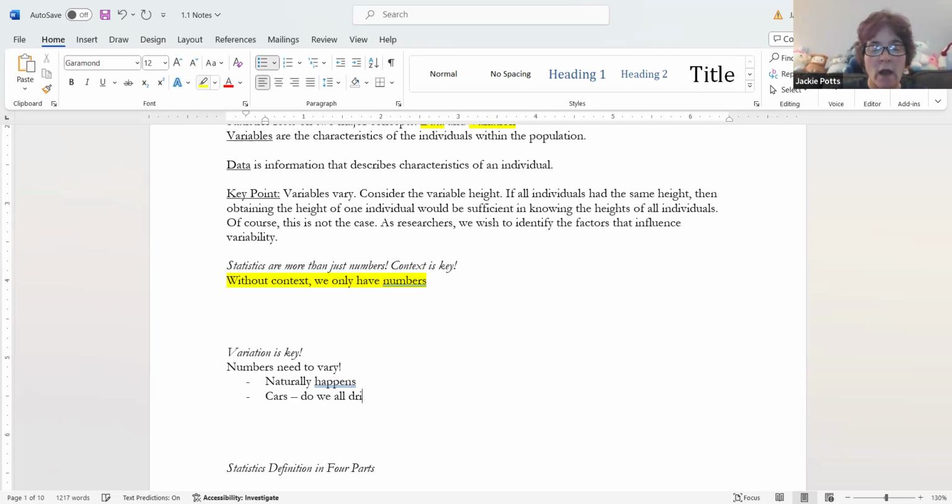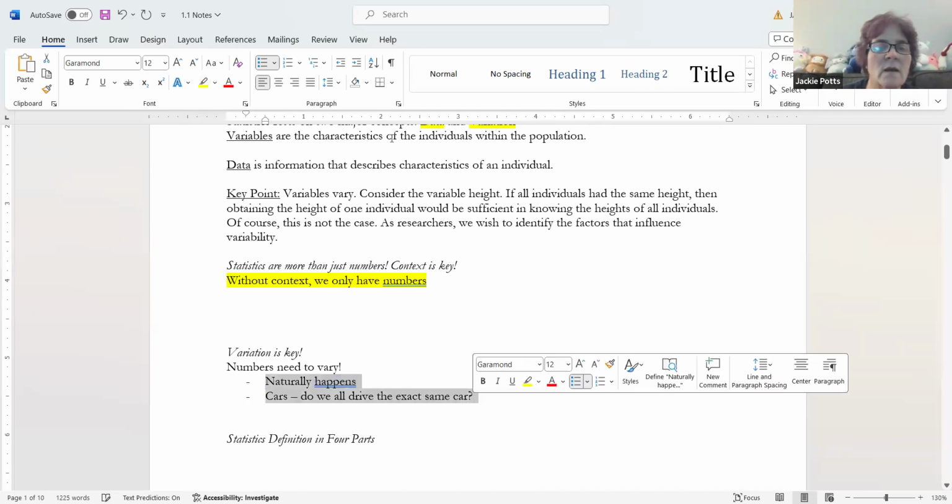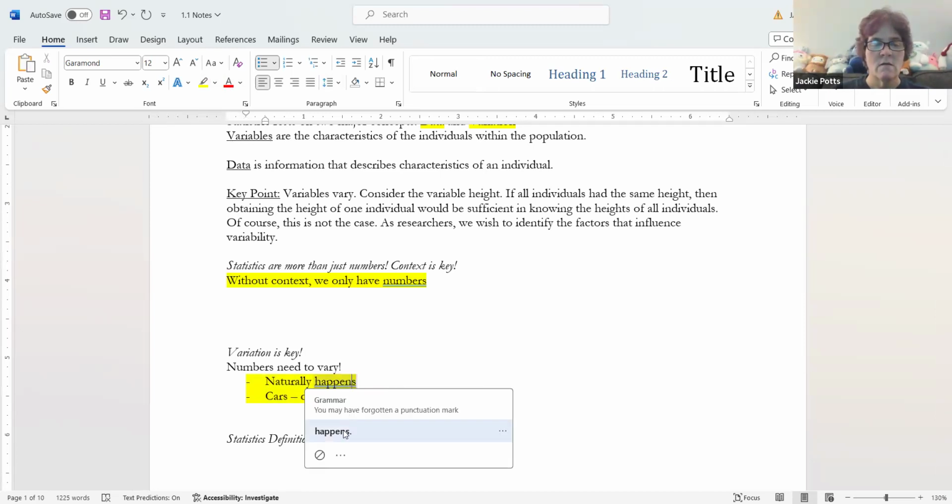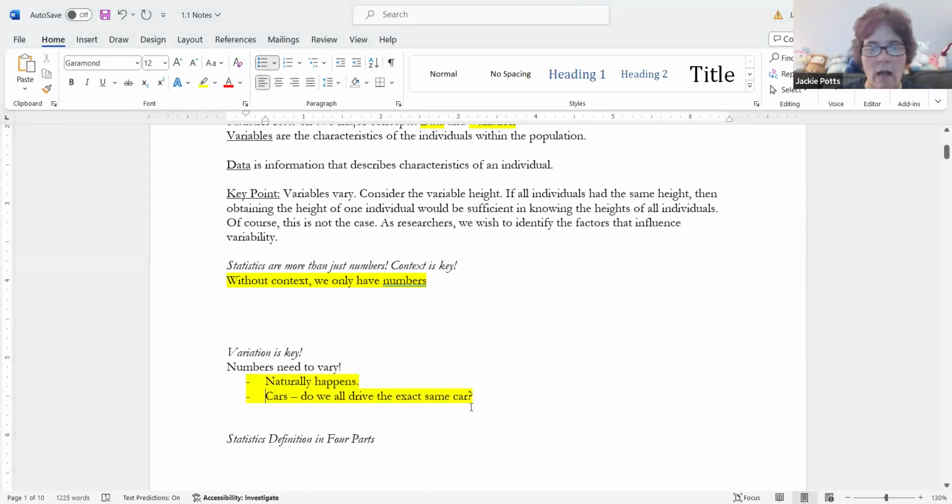Do we all drive the exact same car? I bet we don't. I drive a Kia Sportage. If anybody else out there drives a Kia Sportage, do we drive the same color of car? See, characteristics vary naturally. It doesn't take much.